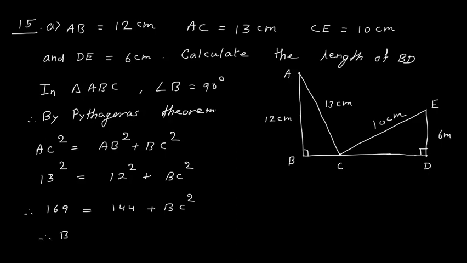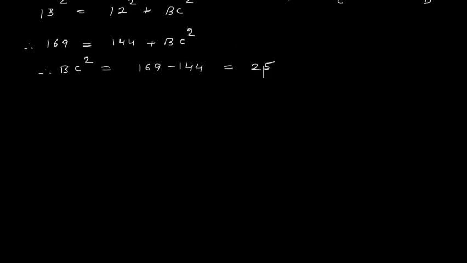So this will give the value of BC square as 169 minus 144 is equal to 25. So BC square is 25.